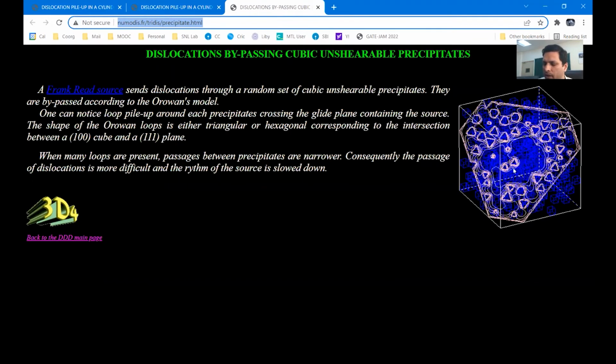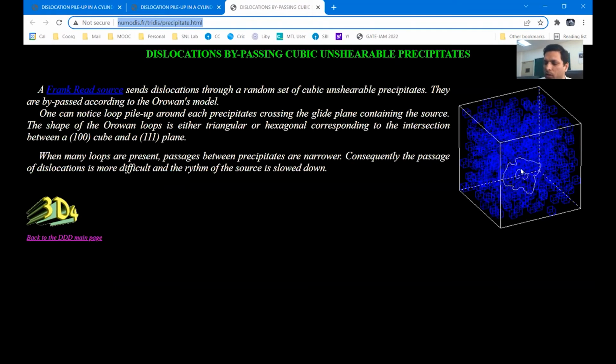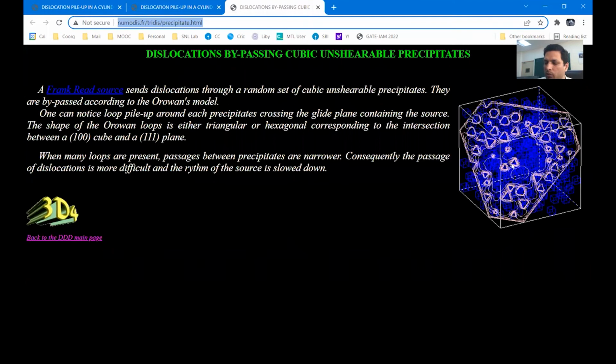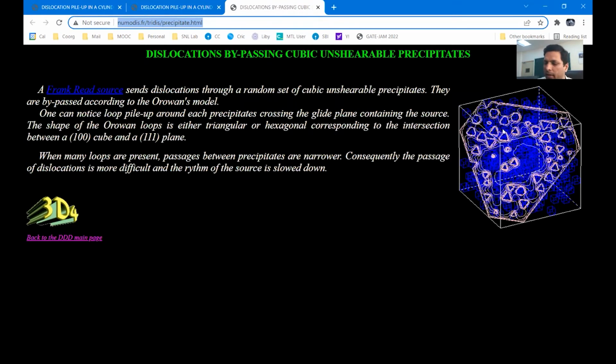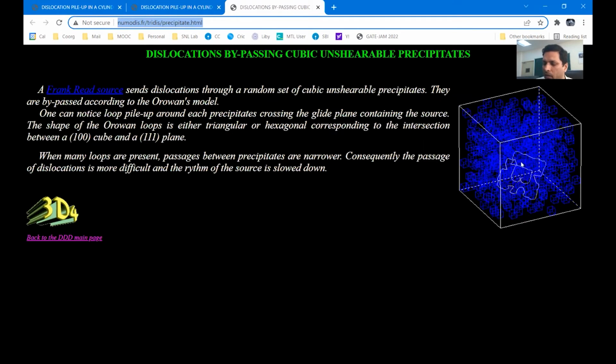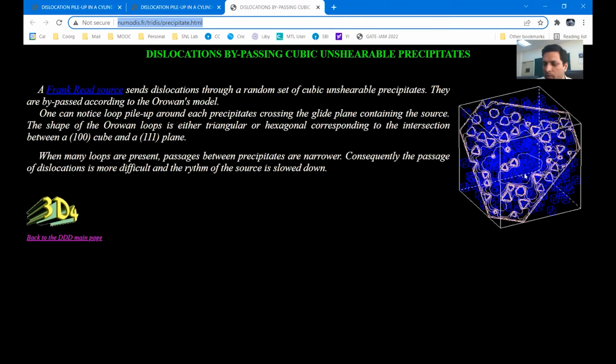As you apply stress, the dislocation becomes loops, and the loops keep on going, forming loops around the precipitates also. A new dislocation loop forms all around, and the original dislocation still keeps appearing over here, and it leads to an even higher increase in the dislocation density.